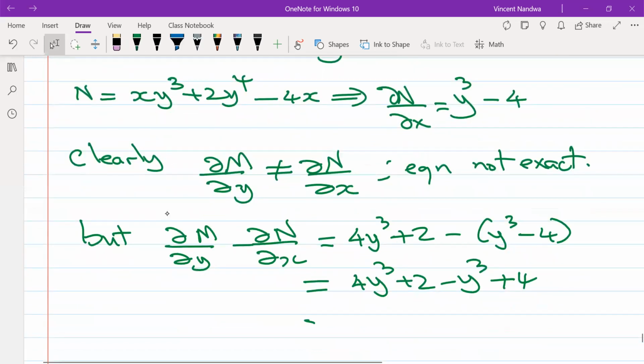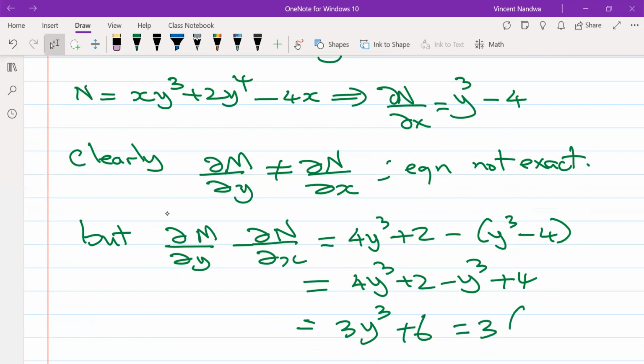So 4y cubed minus y cubed is 3y cubed, and 2 plus 4 is 6. So you can factor out 3, giving 3 times y cubed plus 2.